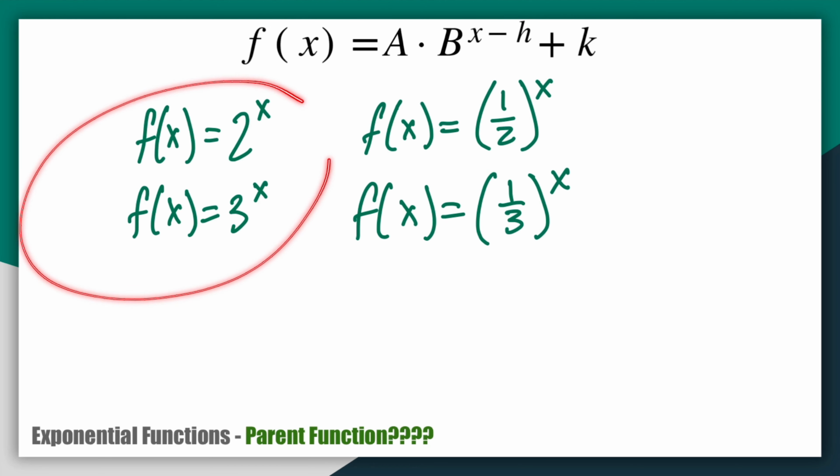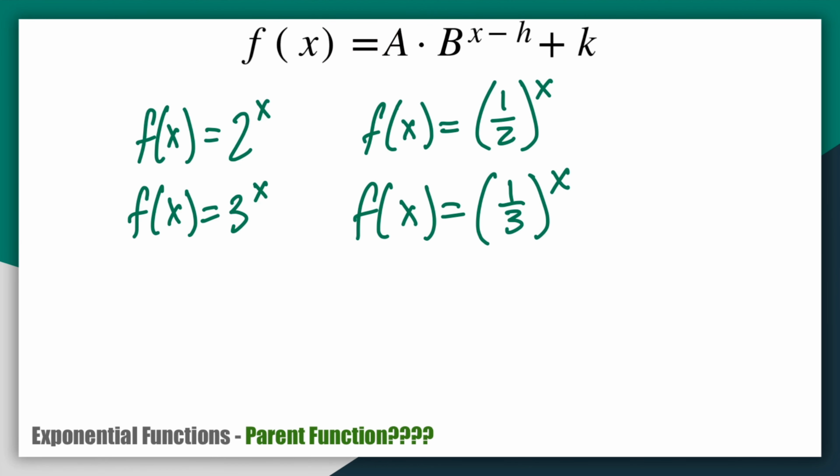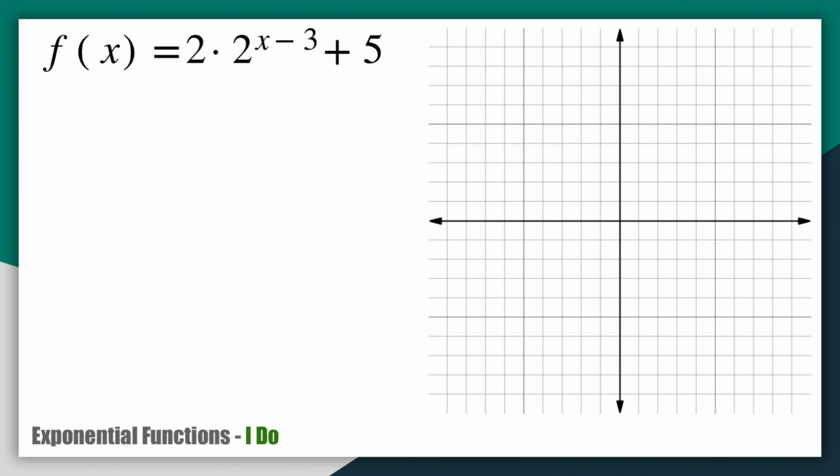So we have many different parent functions. That will be our first step, and then we'll look at a values, and then we'll look at h and k, okay? So let's go right into doing one. I'm just going to write some things off the bat here. We have base 2, so this is our parent function right here.